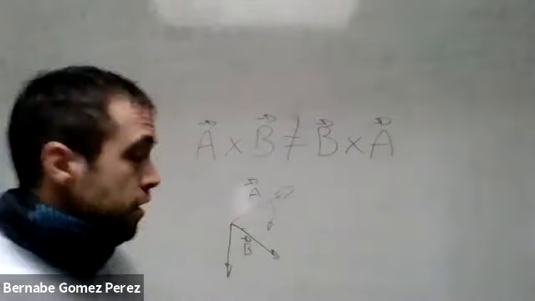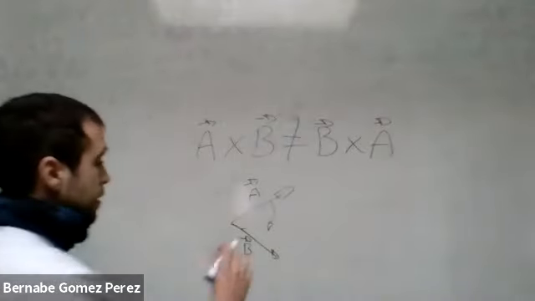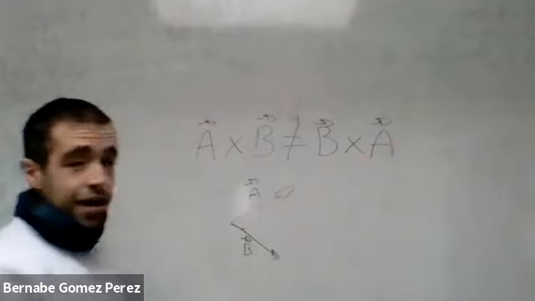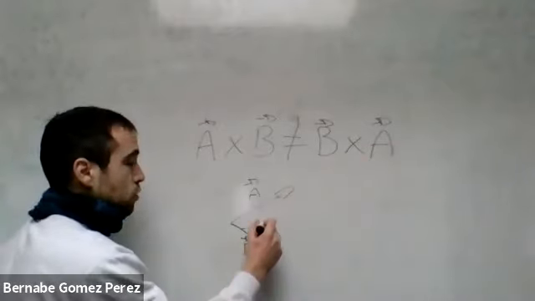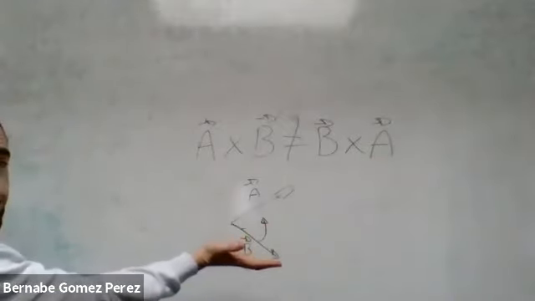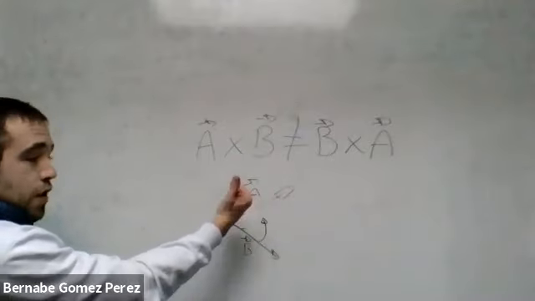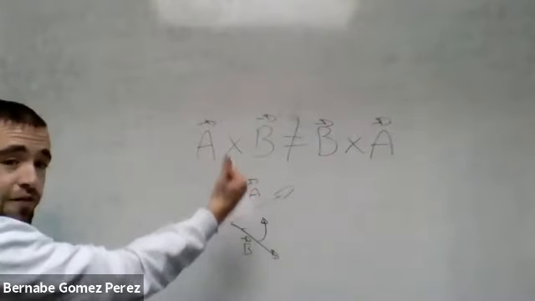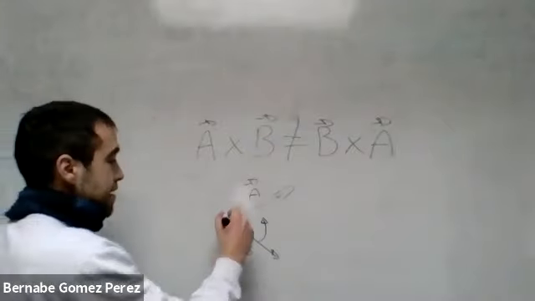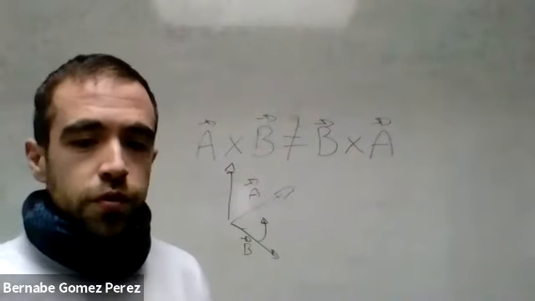But the other way around, if we want to compute B cross product A, B closes towards A. So I close my fingers in the same direction as B would close to A, and now my thumb would be pointing upwards. Is this clear now? There is only one way to compute this.